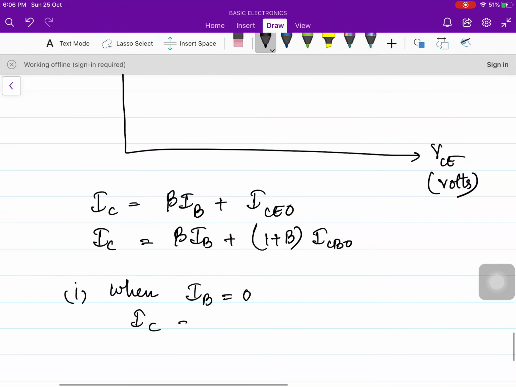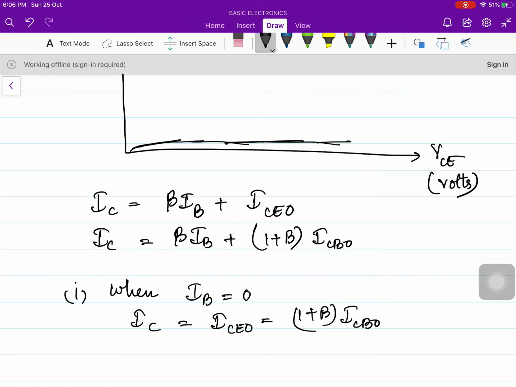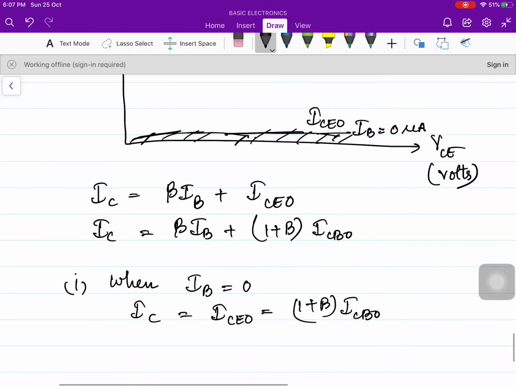In that case, IC will be left with ICEO, and ICEO is much greater than ICBO. So this time you have to draw ICEO very small, but it has to be seen considerably, not meeting the 0 line. So it is a little bit above the 0 axis. It is ICEO for IB equals 0 microampere.